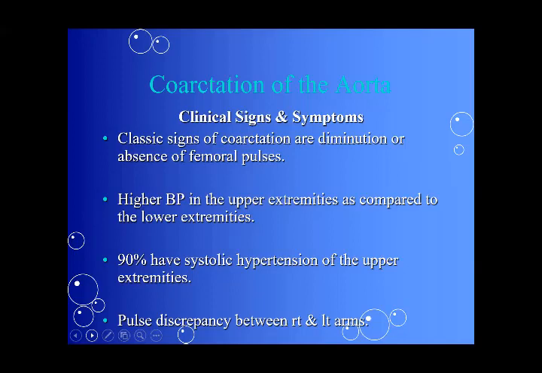There is a difference between the pressure within the two pulses. The femoral pulses are weak, whereas the radial pulses are good in these patients. So radiofemoral delay is very common in coarctation of aorta. Higher BP in the upper extremities as compared to the lower extremities. 90% have systolic hypertension of the upper extremities, and pulse discrepancy.